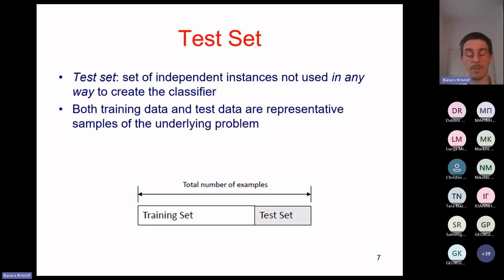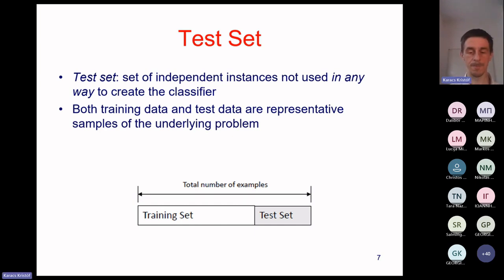And if you are in a situation where you cannot choose which part, the training part and the test part, yourself, you're given just training samples, and then you're going to be given test samples later, then there's a good chance that the distribution of the test set is going to be different from the training set.